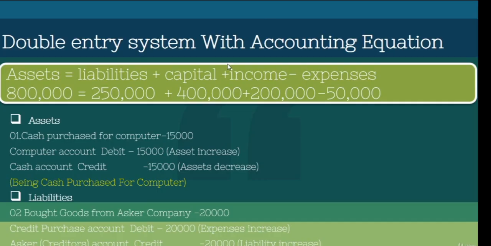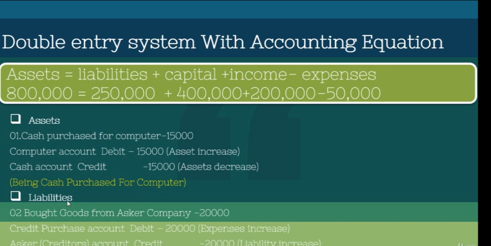Computer increases, that is one of the assets, so assets increase, and cash is one of the assets, it decreases. So computer assets increase means computer account debit, cash account decrease means cash account credit. So the narration is cash purchase for the computer.